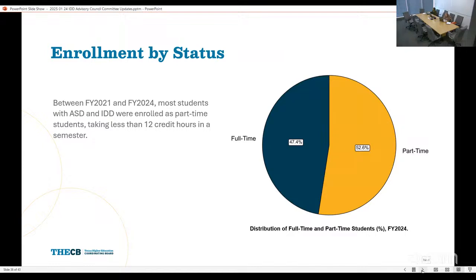Enrollment by status between FY 2021 and FY 2024: most students with ASD and IDD were enrolled as part-time students, taking less than 12 credit hours in a semester. And yes, you can see the difference, 47.4 to 52.6.